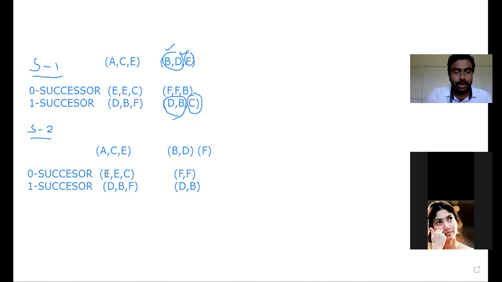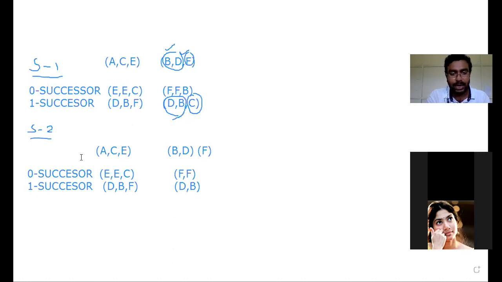Check whether the zeroth successor of ACE is in the same group or not in this partition. After moving into the second state, you have to verify from this group, students. Check whether the zeroth successor of ACE, that is E and C, is available in the same group.